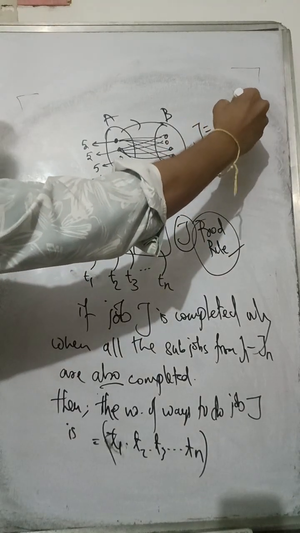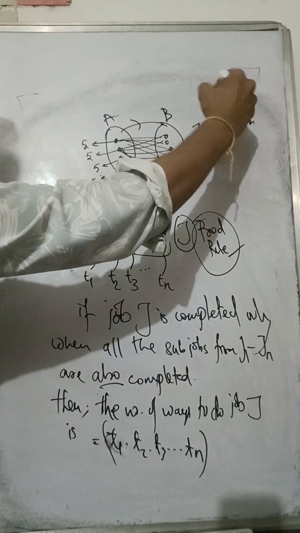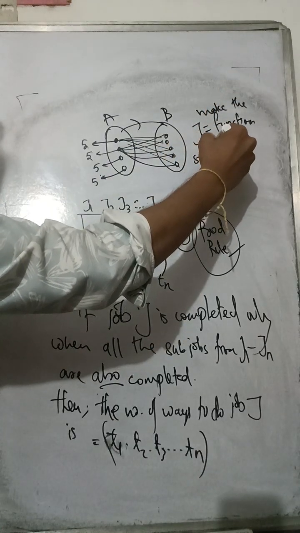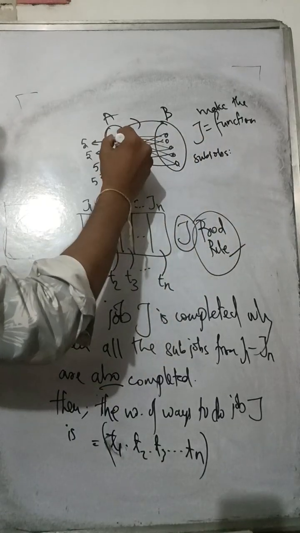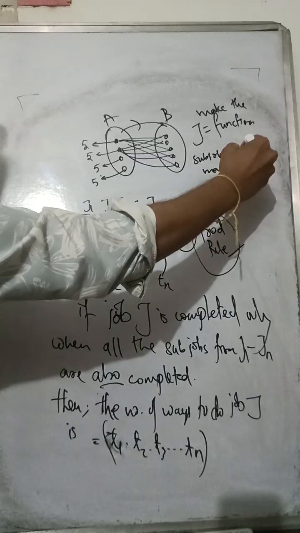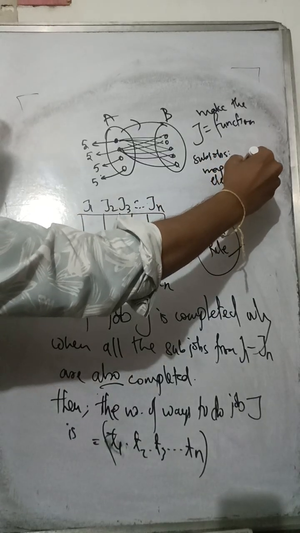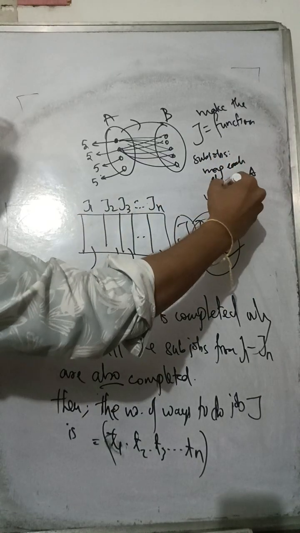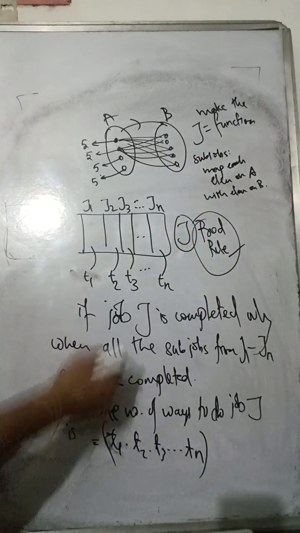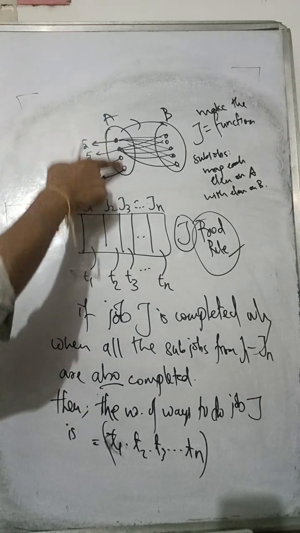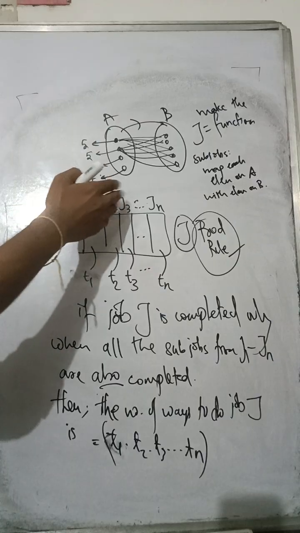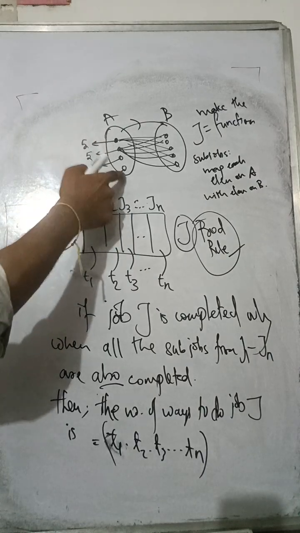The job here is to make the function. What are the subjobs? The subjobs are to map each element on A with an element on B. How many subjobs do we have? The number of elements on A, which is 4.